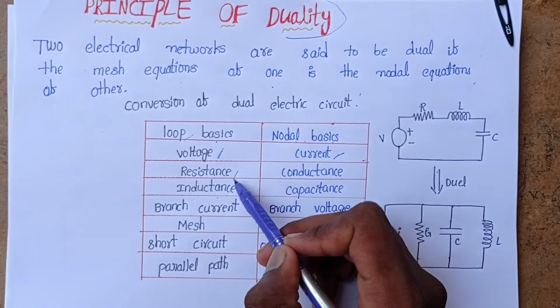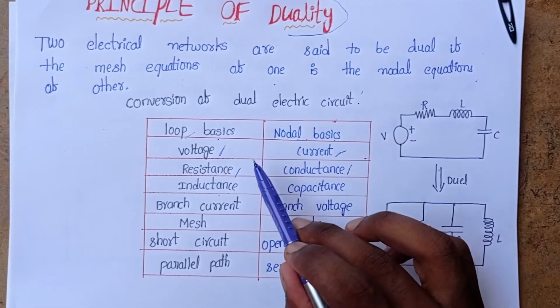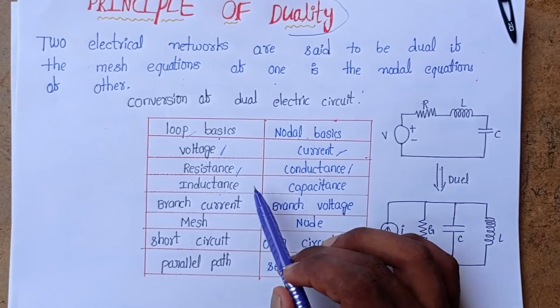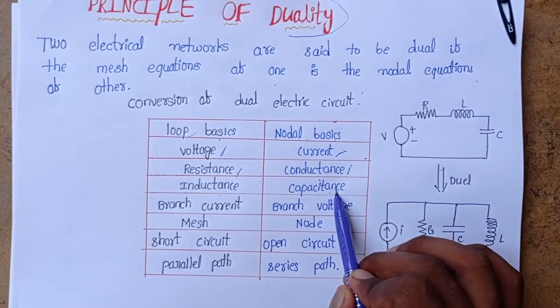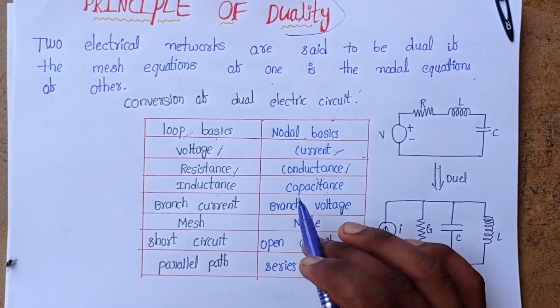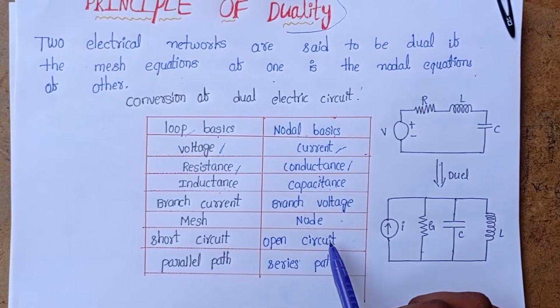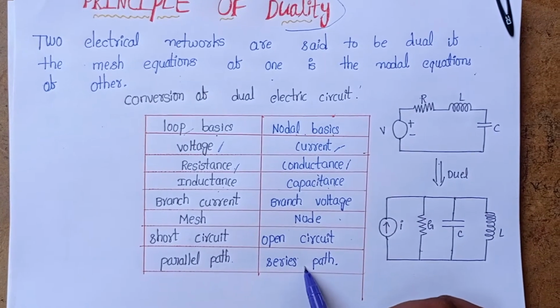If we have a resistance, we replace it with conductance. If we have an inductance, in its place we keep a capacitance. Branch current is replaced by branch voltage, mesh is replaced by node, short circuit is replaced by open circuit, parallel path is replaced by series path.